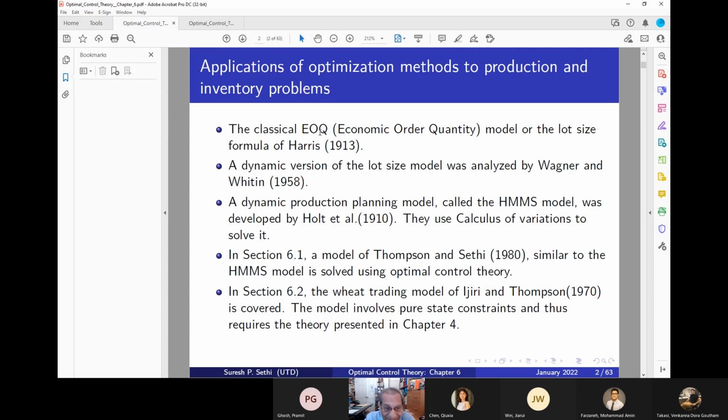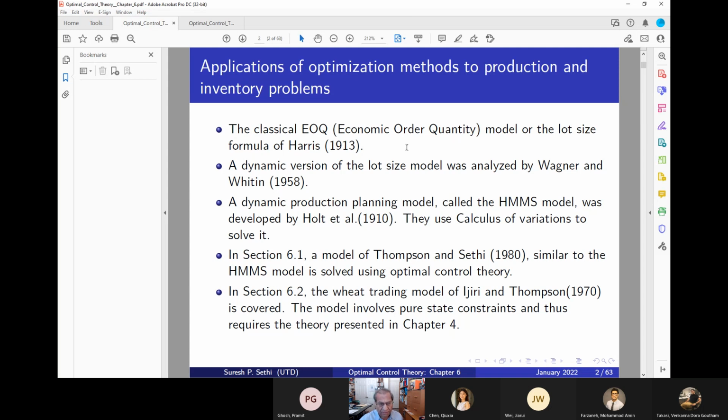So let me ask you, does anyone not know what an EOQ model is? Only somebody who doesn't know, tell me. Okay, so everybody knows the EOQ model. So you're taking some courses in OM, or you have taken those courses before you came here.